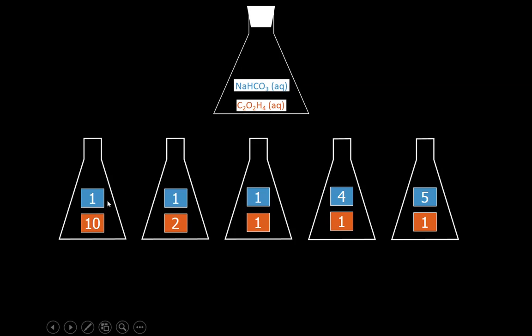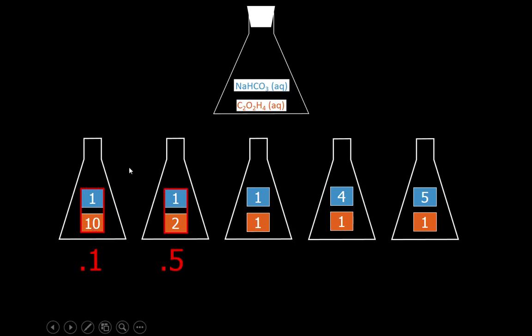So we can express these two numbers in a ratio with each other. And we can take the amount of sodium bicarbonate and divide it by the amount of acetic acid. 1 over 10 in this case gives us 0.1. But what it really means is that for every 1 sodium bicarbonate, we have 10 acetic acids present in the flask.